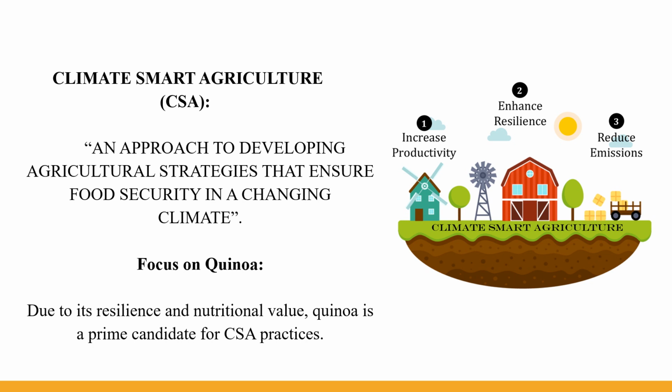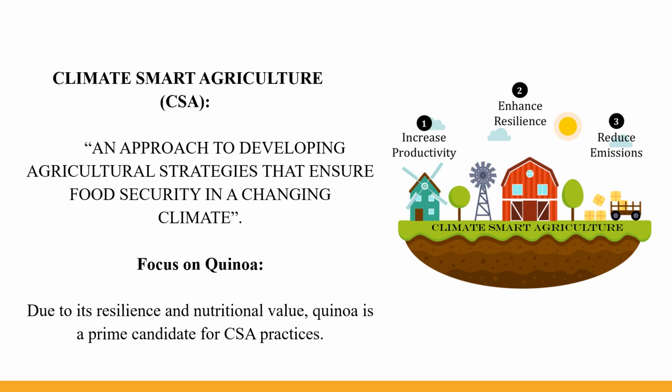As you know, the climate is changing very quickly day by day. So the main focus of CSA is to increase productivity, enhance resilience to changing climatic conditions or risks, and the third one is to reduce the emissions.